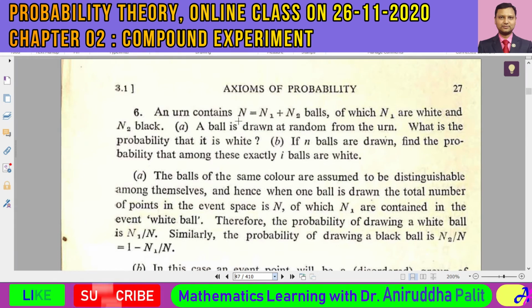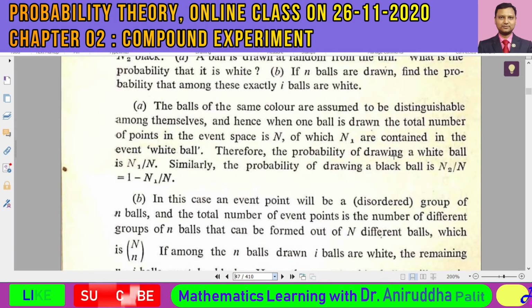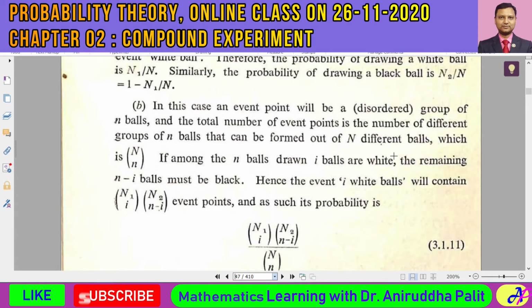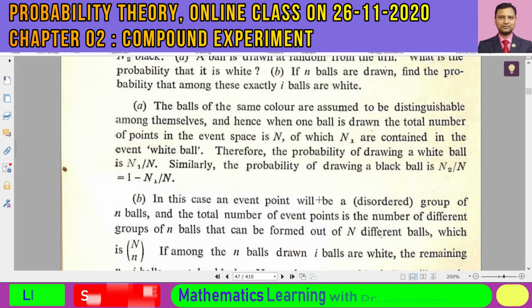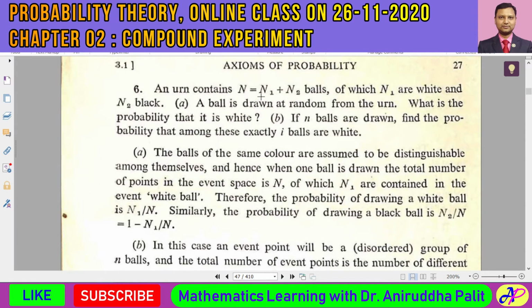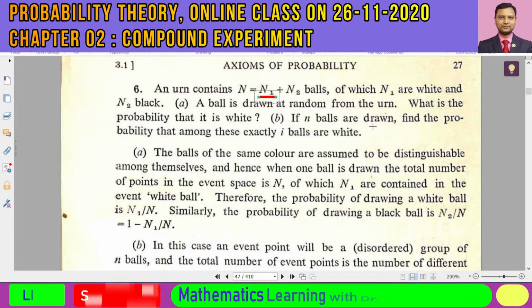This is the example. Over here we have N equal to n1 plus n2 balls, and the balls are drawn without replacement. Then the probability of I number of white balls, what does it mean? I white balls should be drawn out of n1 balls, because n1 is the number of white balls.